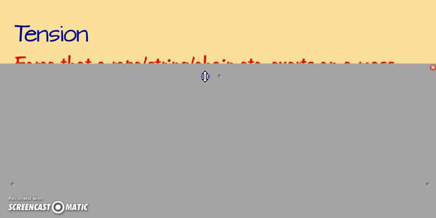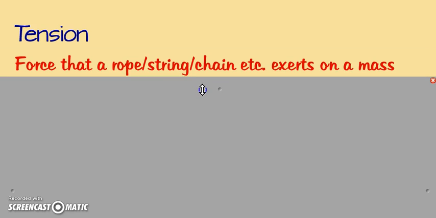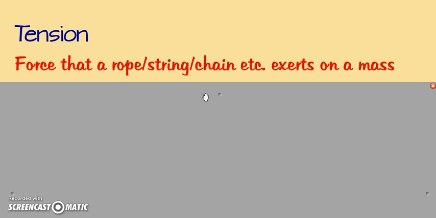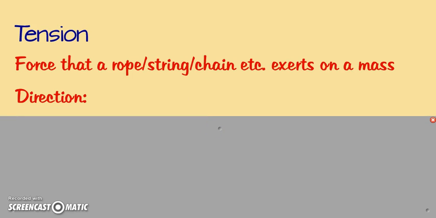Moving on to another force. Next is tension. Tension, again, has a different meaning in physics than it maybe does in your everyday life. Tension is a force that a rope or string or chain or anything flexible like that would exert on a mass.